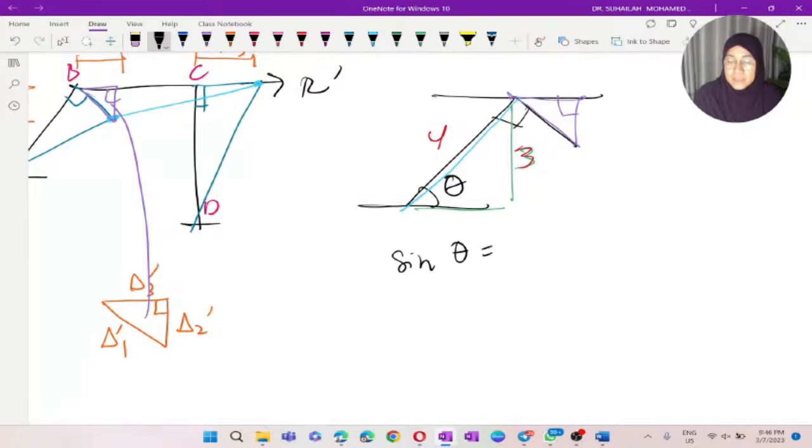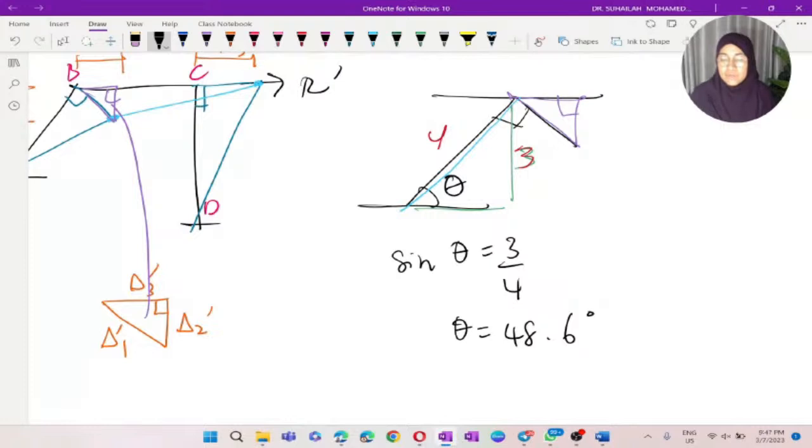We get 3/4. So theta is equal to 48.59, 48.6.